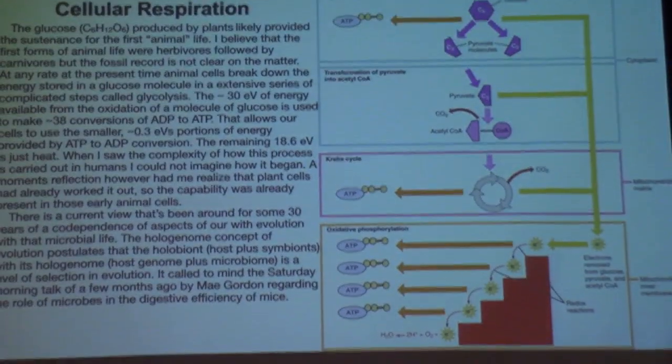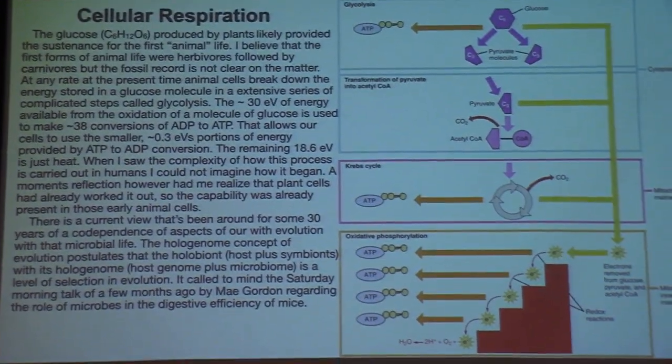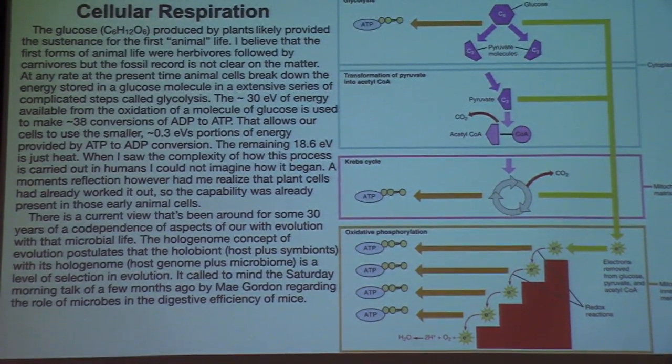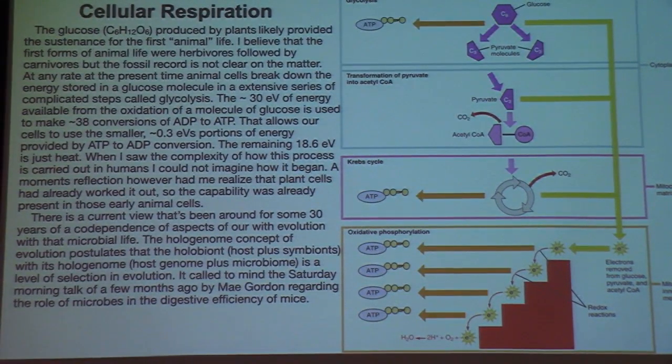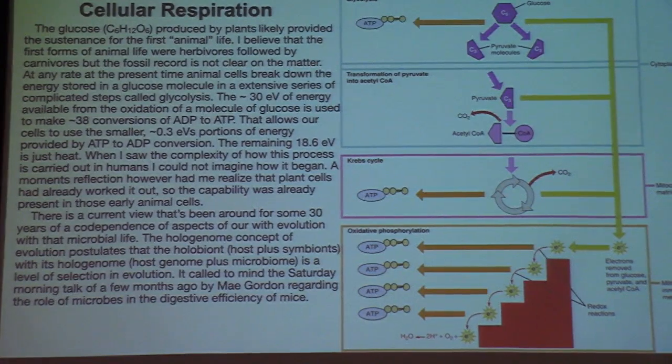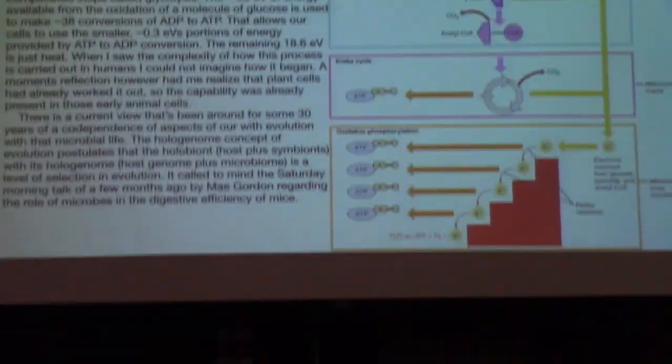And that transition, converting this backward, going from ATP to ADP, lets your cell use the energy in small amounts at about 0.3 of an electron volt, which is quite appropriate to the activities that have to go on in a cell. The remaining 18.6 electron volts out of that 30 just shows up as heat.